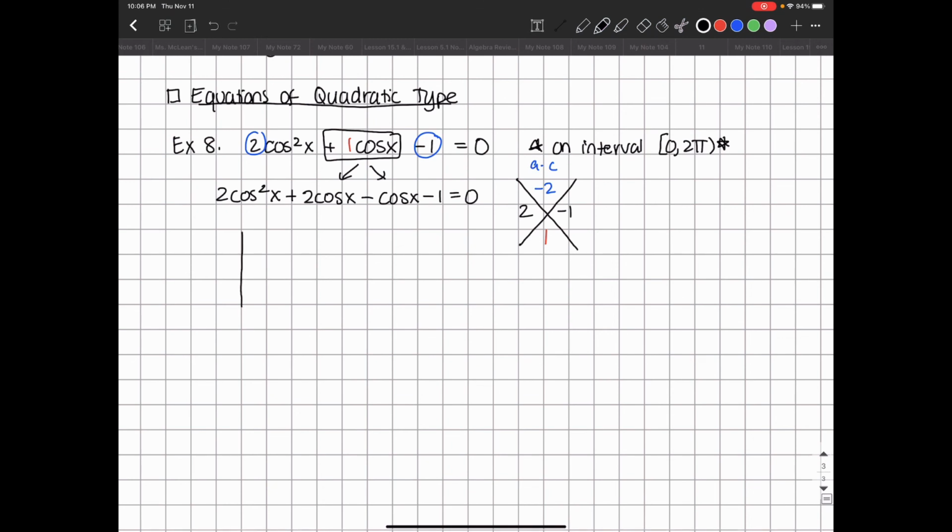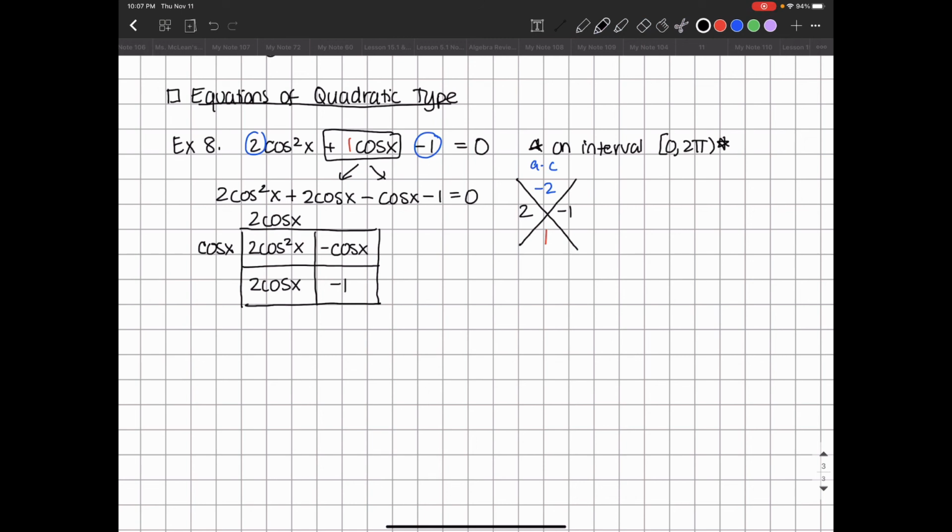Now there are two ways that I can do this. I'm going to do this example using the area box. I have 4 terms now, and they can go in for the areas. I put the squared term here, so 2 cosine squared of x goes there, the constant goes here, it doesn't matter where the other two go, and then I find the side lengths. The only way to get 2 cosine squared of x is to multiply 2 cosine of x times cosine of x.